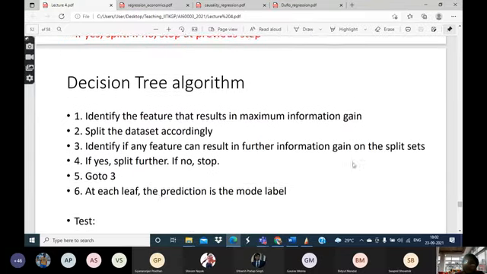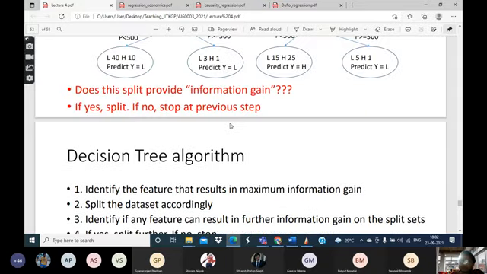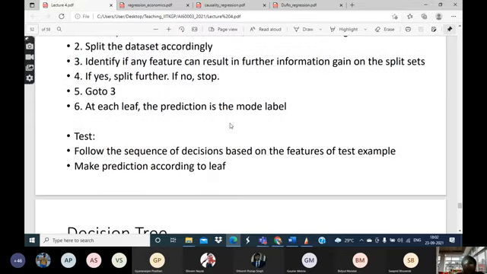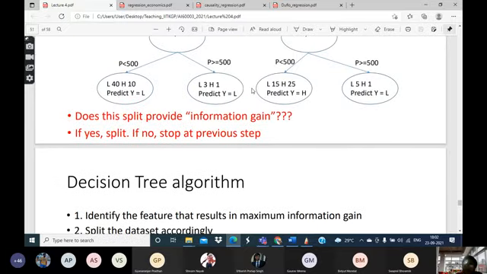The answer is, of course, whether there is any feature which is giving you information gain or not. If yes, go ahead, split it even further. If no, stop. Once this process of splitting has stopped, the different subsets which you have got, we call these the leaves, the leaf nodes.